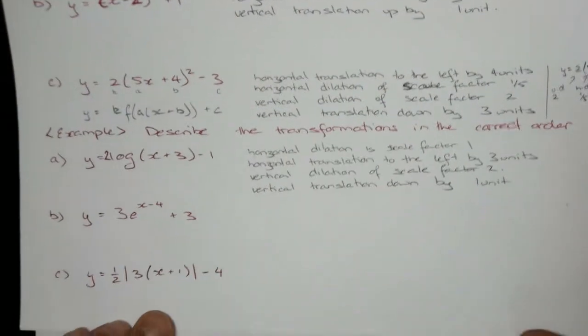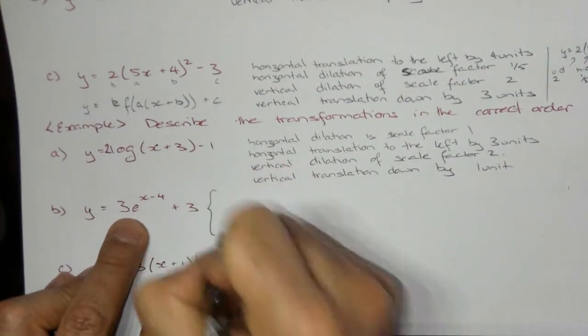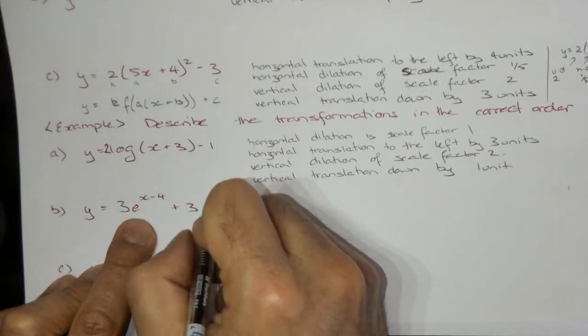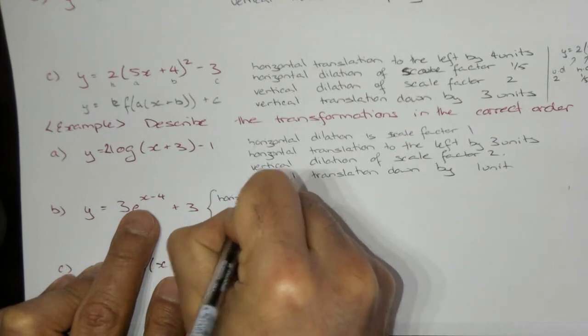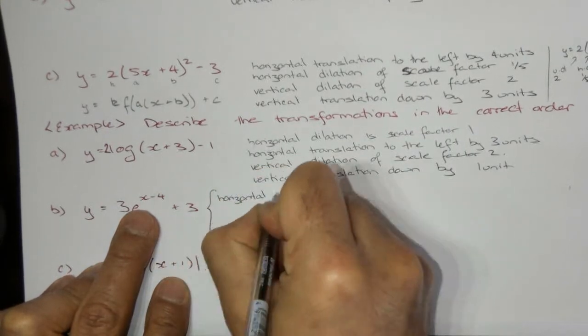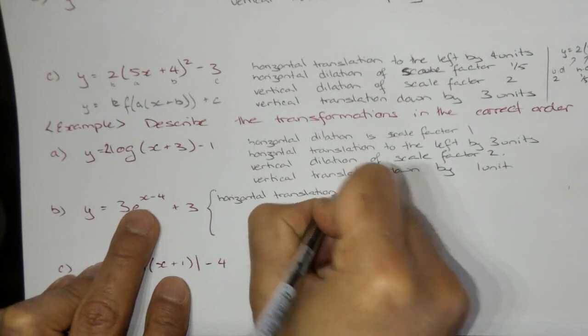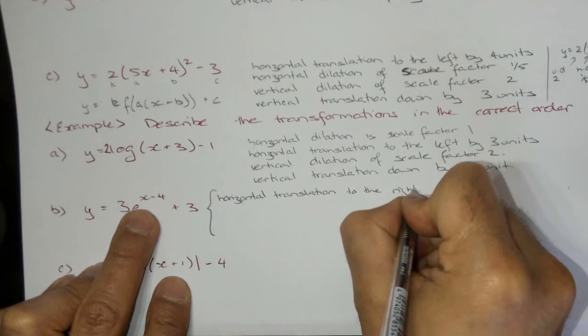Okay, alright. So here we have, so we're going to have a horizontal translation to the right by 4 units.